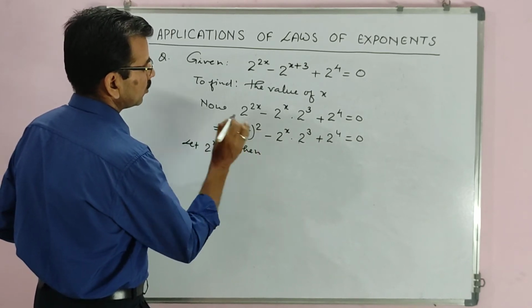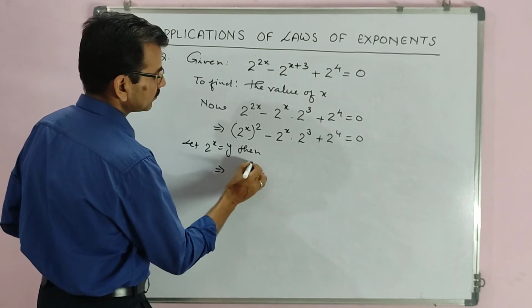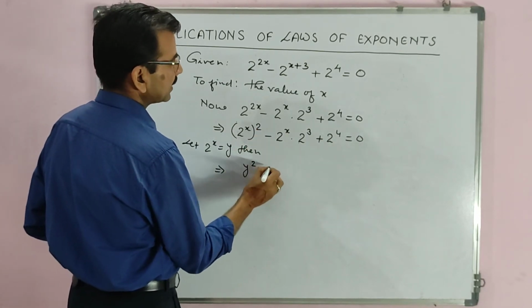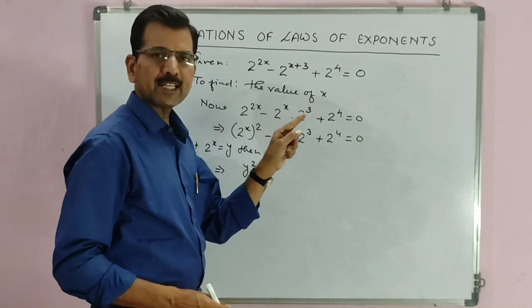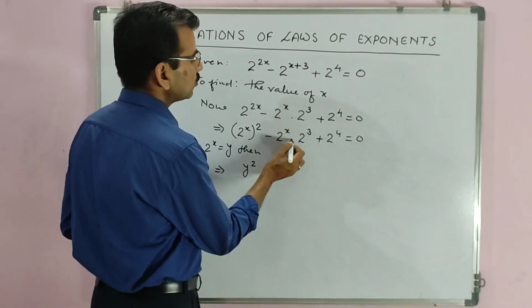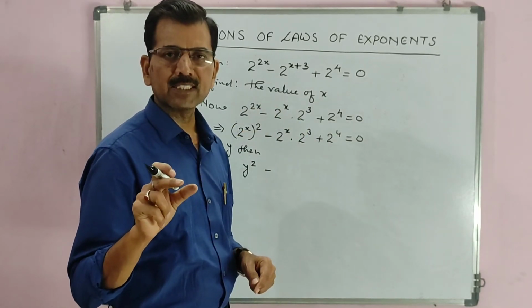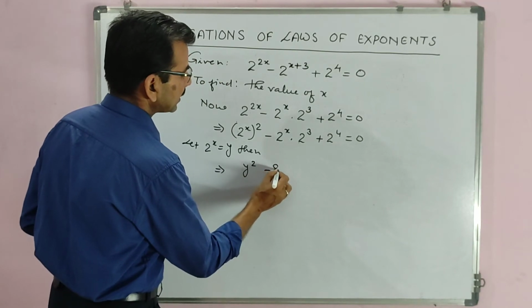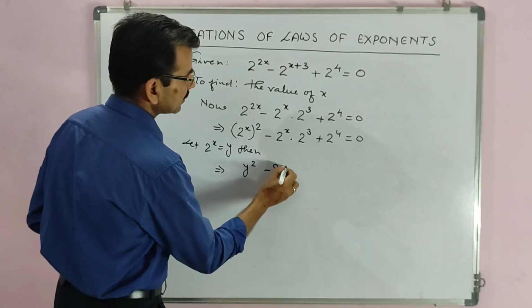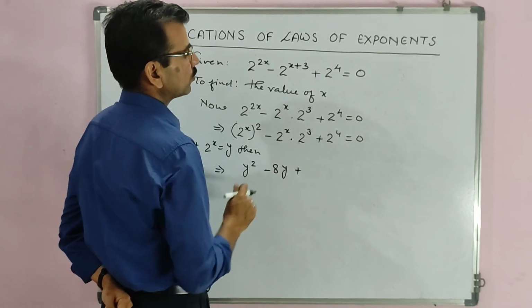So let 2 raised to power x is equal to y. Then what do we get here? y square, minus, for 2 raised to power x we can write y into 2 raised to power 3. 2 raised to power 3 is equal to 8, so 8y, plus 2 raised to power 4.